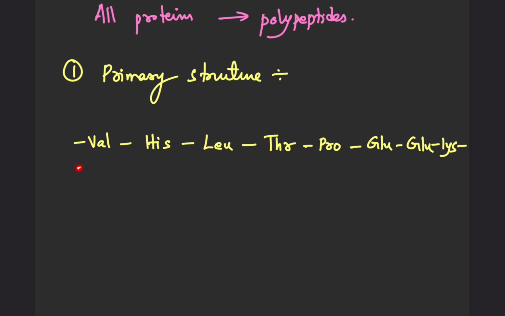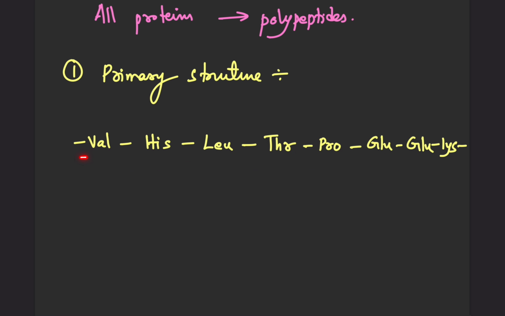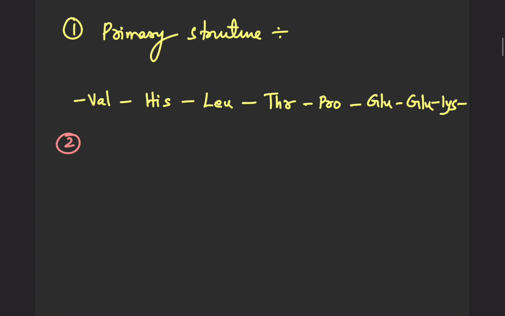Okay, so this is the primary structure of hemoglobin, which talks about the various alpha amino acids and the sequence in which they are connected or linked to one another. Okay, and these are the various alpha amino acids. Now coming to the secondary structure, it is the 3D geometric arrangement that the polypeptide chains assume as a result of hydrogen bonding.